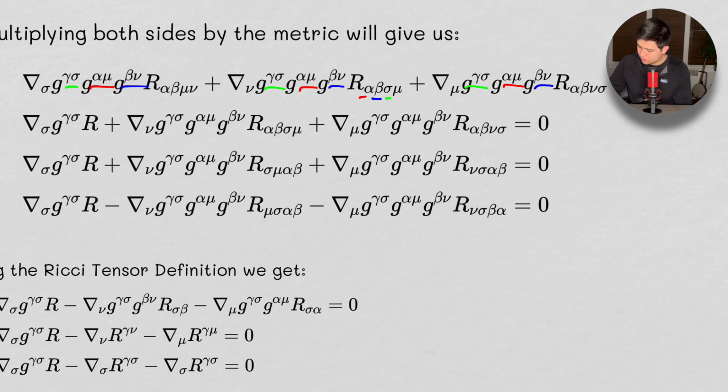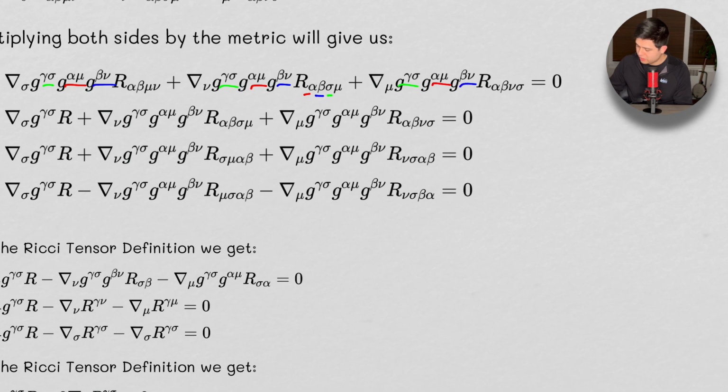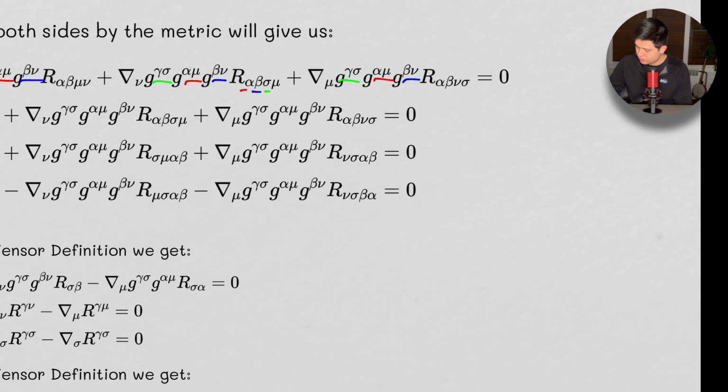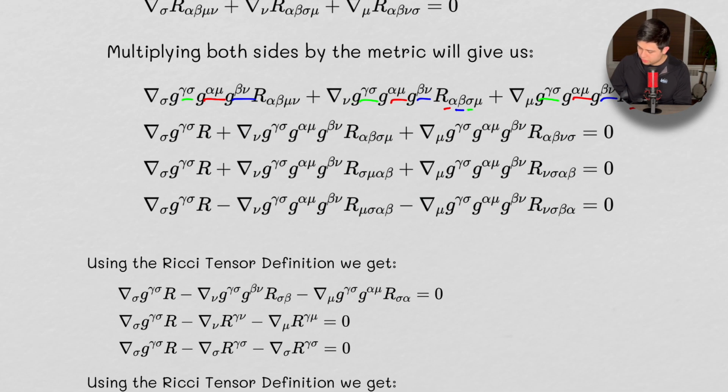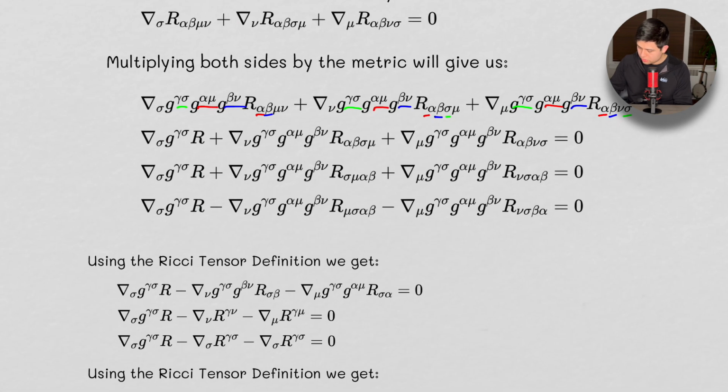Here's our sigma, and we can do this for the other one. So here's our sigma, here is our alpha, and our beta is right here. And then same thing over here. So we have our alpha, our beta, and then mu and nu.